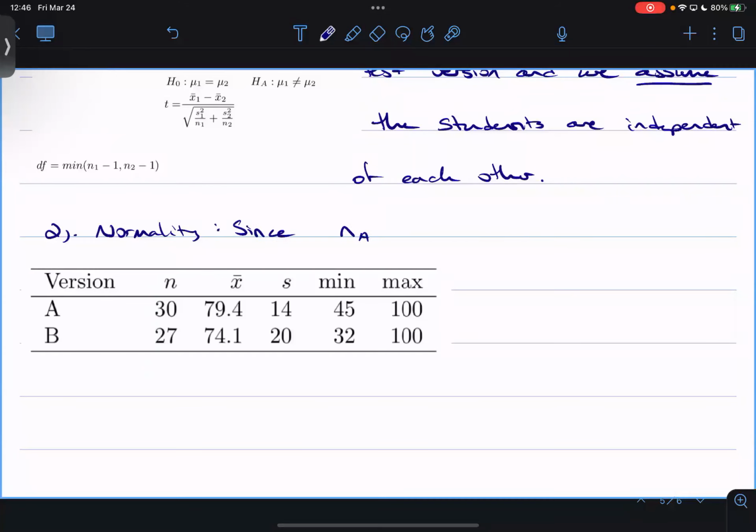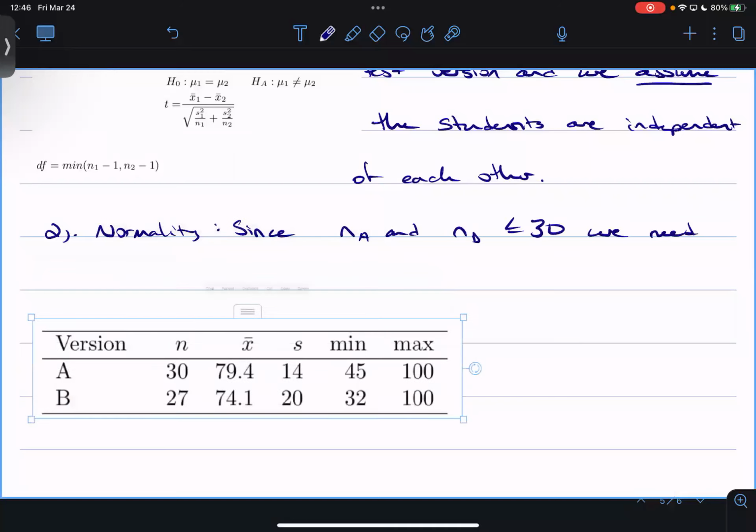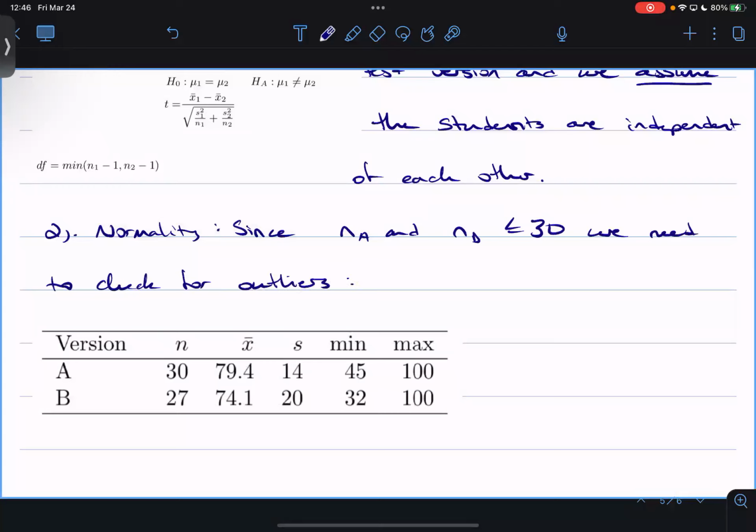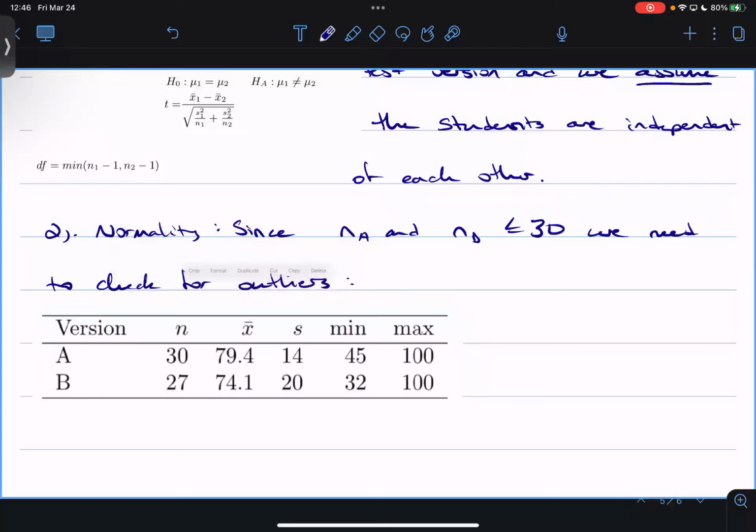Since n_A and n_B are less than or equal to 30, we need to check for outliers. We don't need to check it for version A, but we may as well because we can. We need to check for outliers, which is why they have given us the minimum and the maximum.